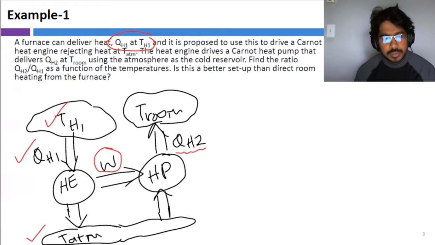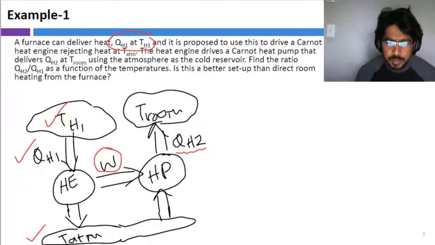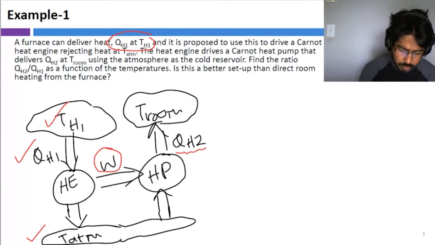So when it comes to this problem, first of all, can you understand how we came across this figure? How to develop this figure? Anything not clear? Or are we all clear about what's going on in this diagram? Anybody?